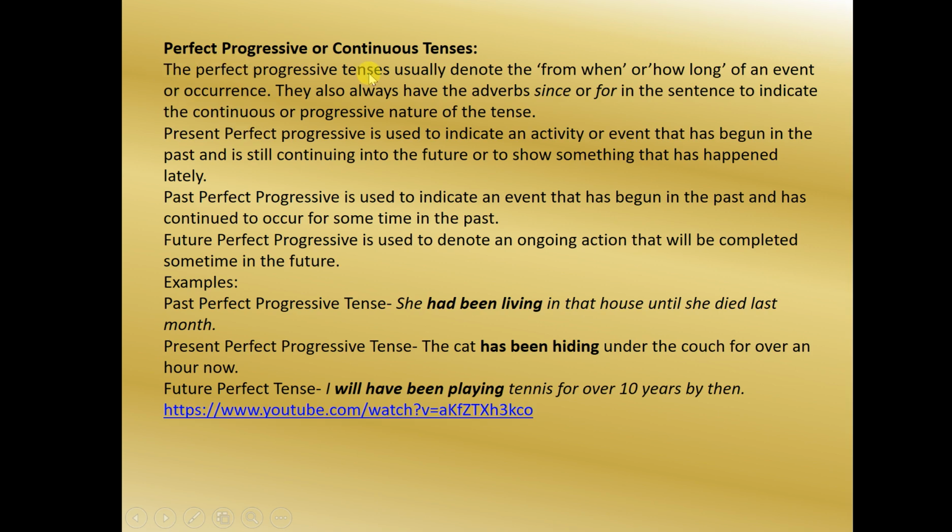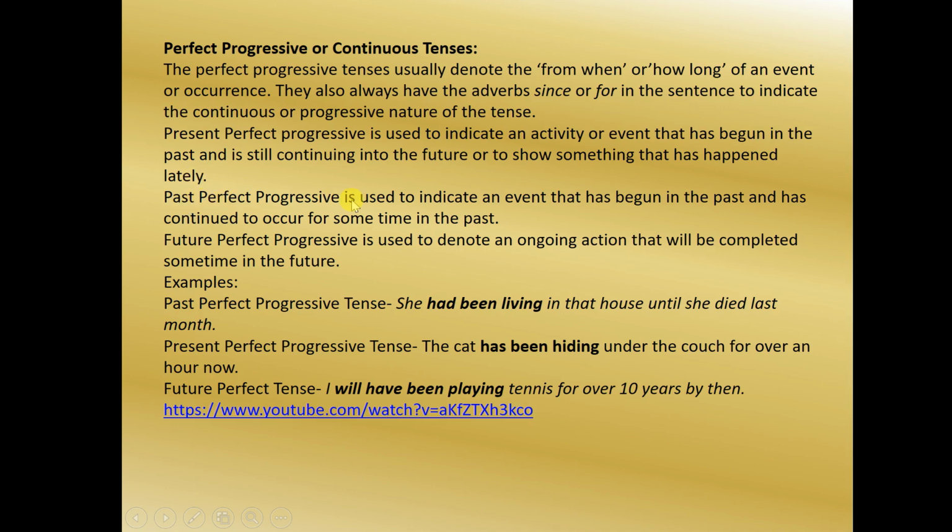Next, perfect progressive or continuous tenses. The perfect progressive tenses usually denote the from when, or how long of an event or occurrence. They also always have the adverbs since or for in the sentence to indicate the continuous or progressive nature of the tense. Present perfect progressive is used to indicate an activity or event that has begun in the past and is still continuing into the future, or to show something that has happened lately.